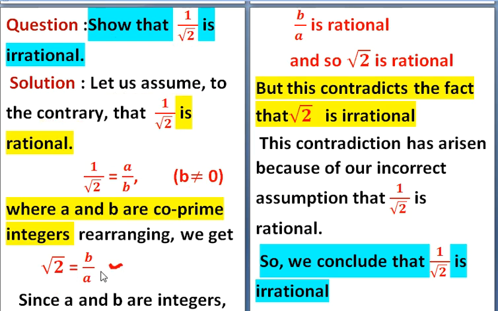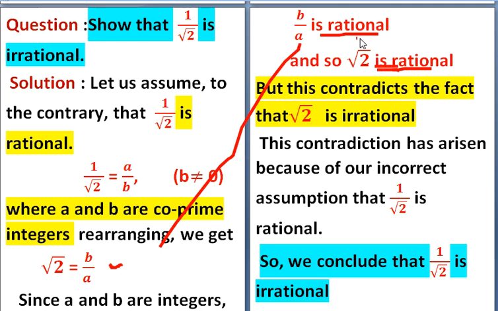So root 2 is equal to b by a, and a and b are integers. Here b by a will be rational, because integer by integer becomes rational.